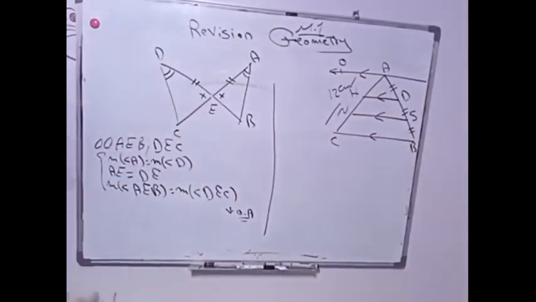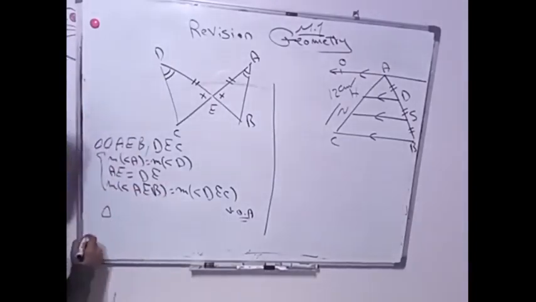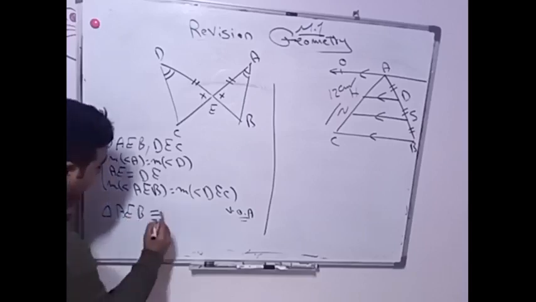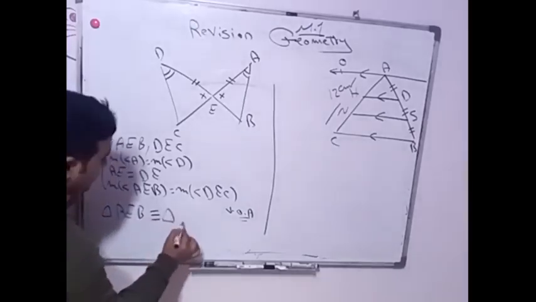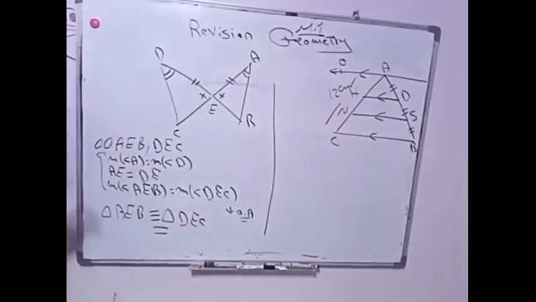So now we have the conditions of congruence. The first triangle AEB is congruent to the second triangle DEC. This is our question now: mention the congruence and write three conditions about this congruence.